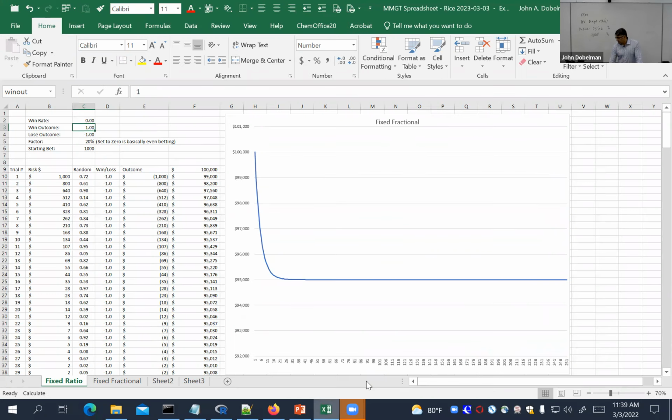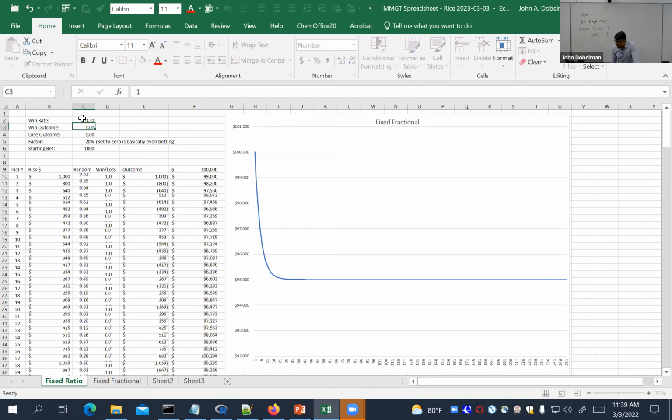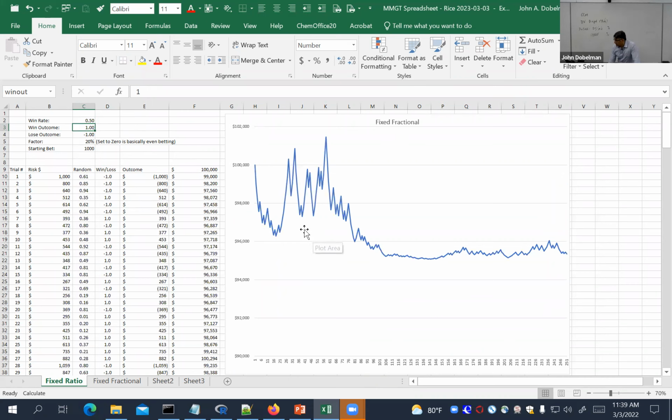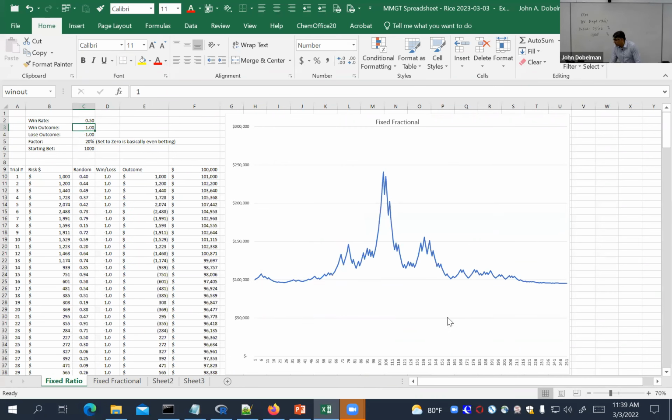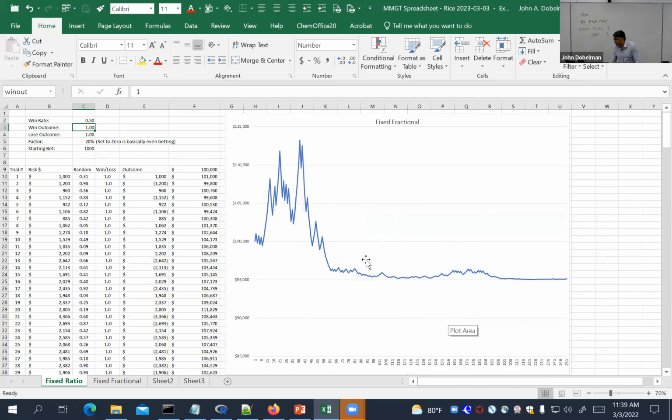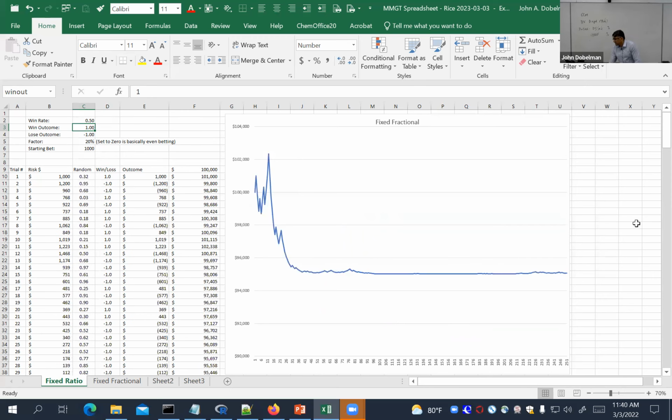What happens at 0.5 for a win rate? It ought to be fairly random. Let's see. There's a bunch of simulations. So, it's all going to depend on the streak, but then eventually there's no edge in the system, and it asymptotes down. Is that right? Let's see, +1, -1 at 50%.